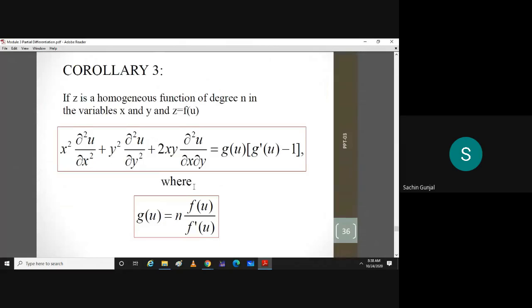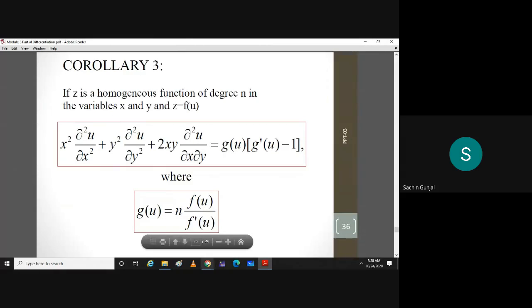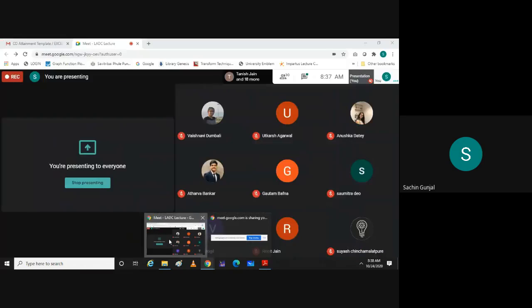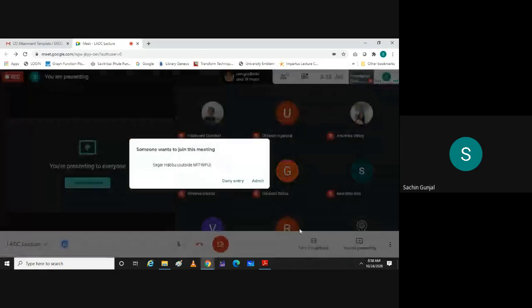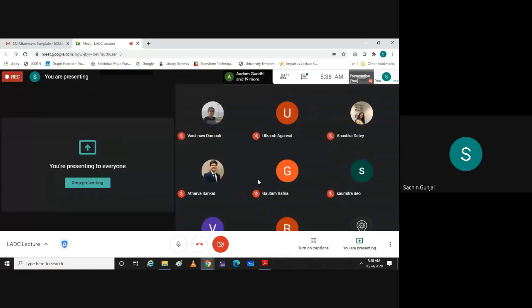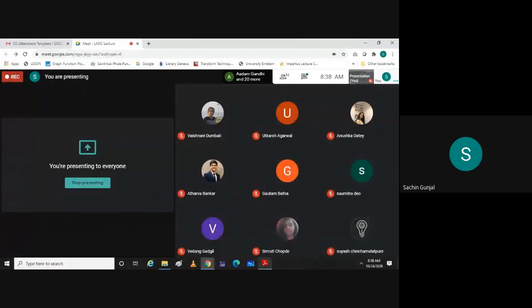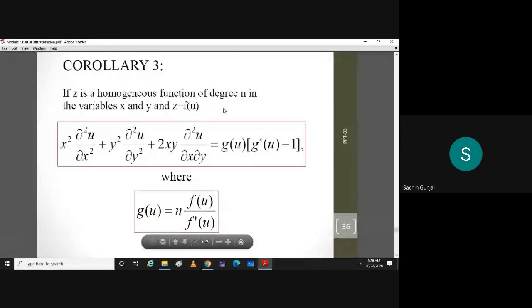Then the third corollary: if u is non-homogeneous, but there is an associated function f of u which is homogeneous, then the value of the second order expression x² ∂²u/∂x² plus y² ∂²u/∂y² plus 2xy ∂²u/∂x∂y is g of u into (g prime u minus 1), where g of u is n into f of u upon f dash u.